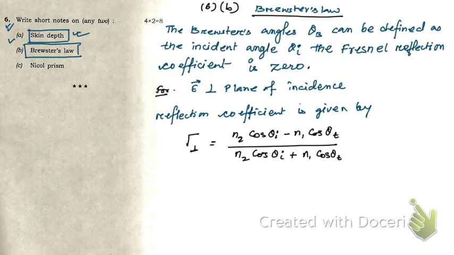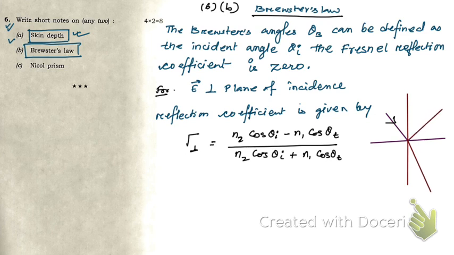That means, you see, this is the interface. Suppose this is the incident ray, and this is the normal. This is the transmitted wave, and this is the reflected wave.